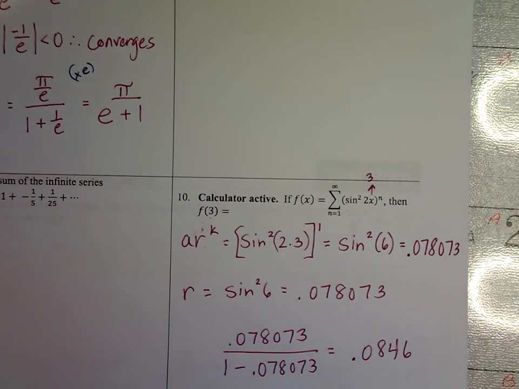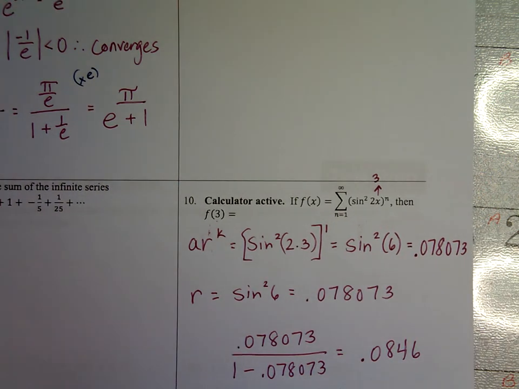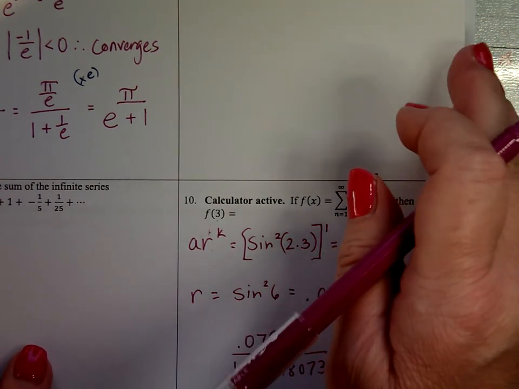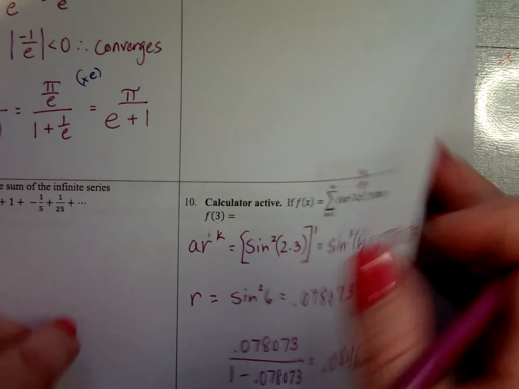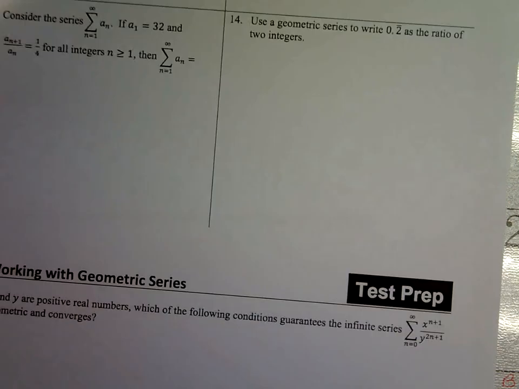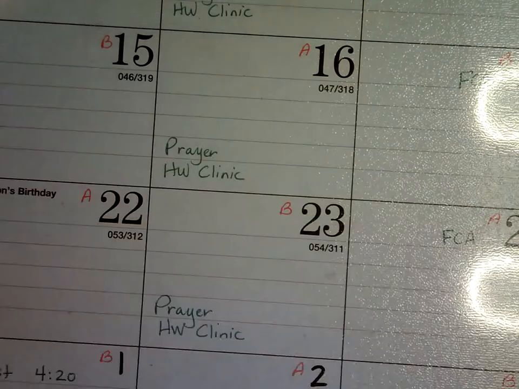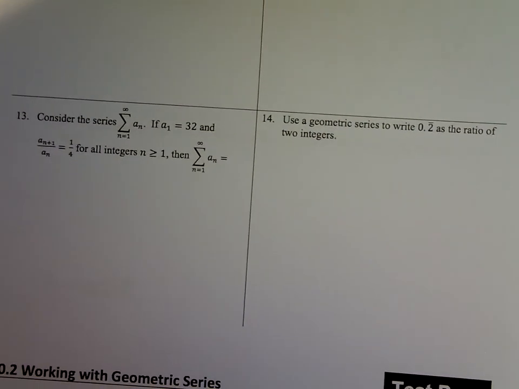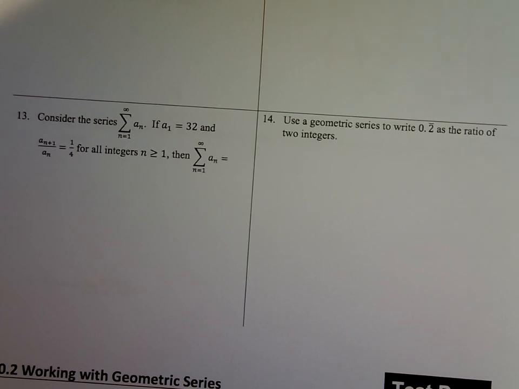All right, now here comes the last one. Number 13. I just found that the wording of this, like what they gave you, was slightly different than things we've seen. So number 13, we're going to end with this guy. Consider the series of the summation going from 1 to infinity of a sub n.